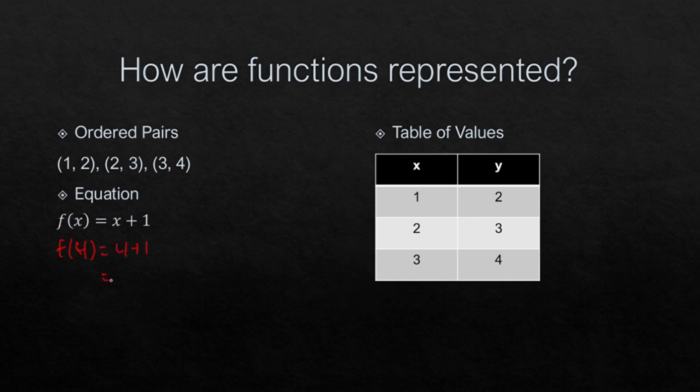So, f of 4 is 5. So, makalalagay na tayo ng another entry to the ordered pair. So, (4, 5). So, basically, our equation is a more generalized representation of a function. Okay, gets?